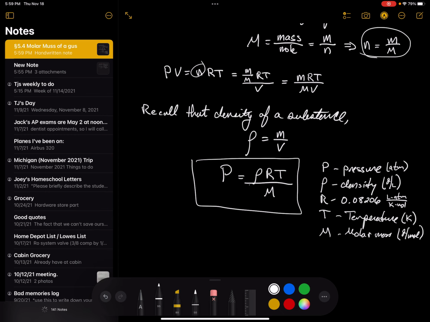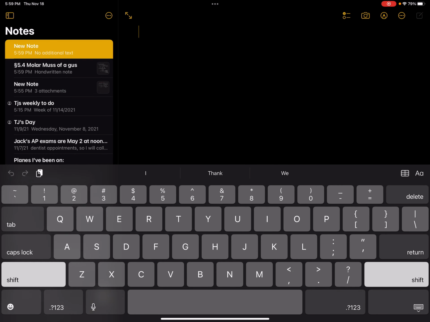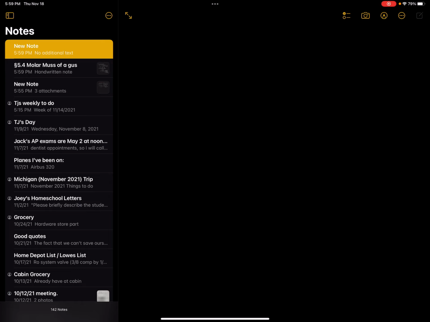Okay, so now let's go ahead and move on to another new section. And so this is now section 5.5, which is Dalton's law of partial pressures.